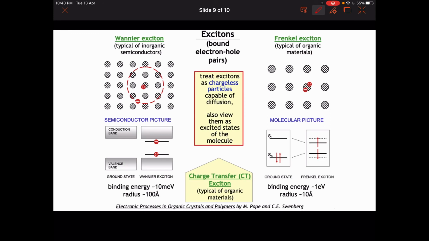Excitons are basically bound electron hole pairs. We will soon see its theoretical formulation. So what do we mean by bound electron hole pairs?